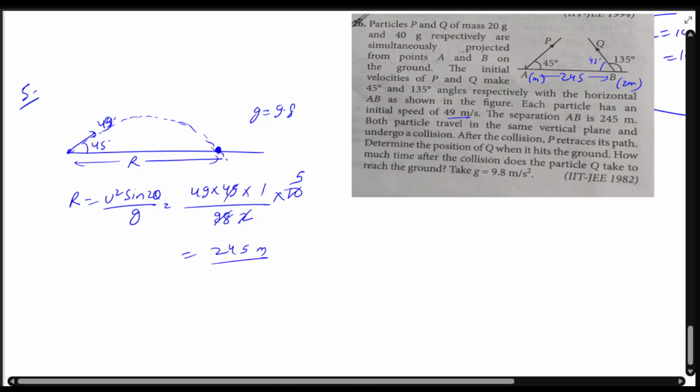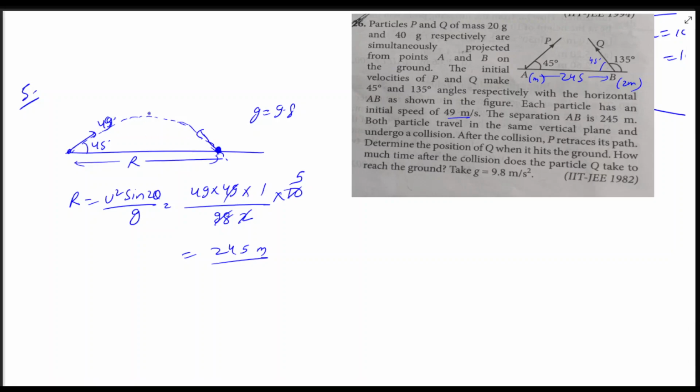So this particle must be here, and if we throw it like this, they must collide midair, right? When they achieve their maximum height, they will collide just here, right? After the collision, P retraces its path. So if this is our P, this is our Q. P is coming here with a velocity u cos theta, and if it is retracing back, it must go back with the same speed, which is u cos theta.